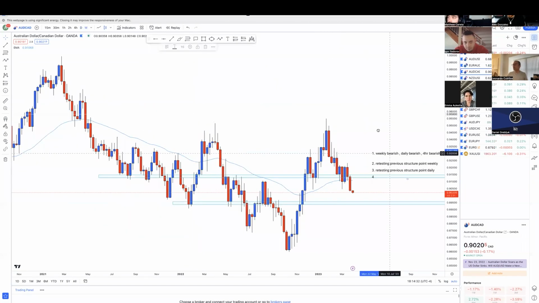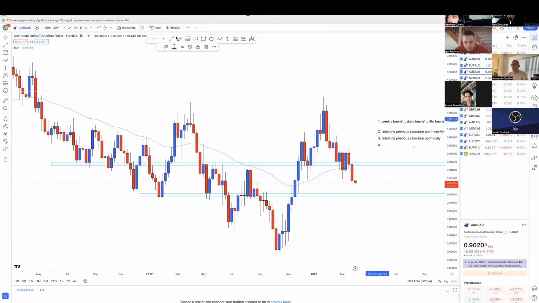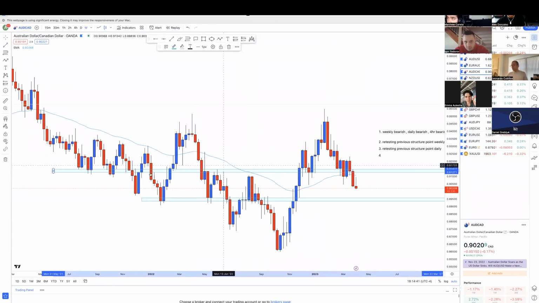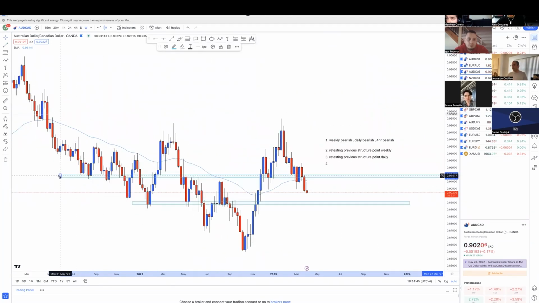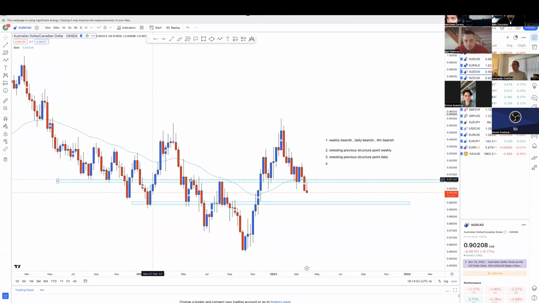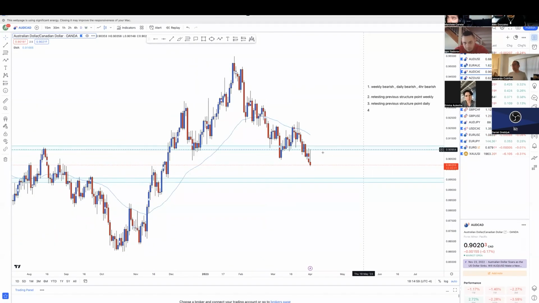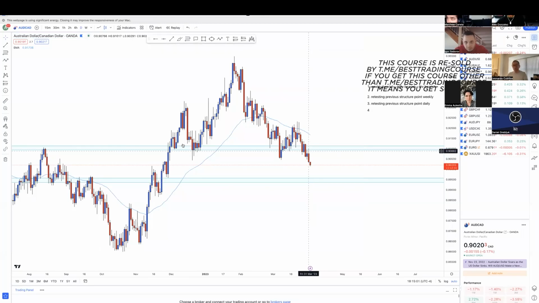So AUD CAD, if this next weekly candlestick does this wick right here, it creates a weekly wick pullback to this area. We'll just flip the zone, just the middle of it. So we have support, resistance, support, weekly EMA. Go down to the daily time frame, daily level of support, then go down to the 4 hour.